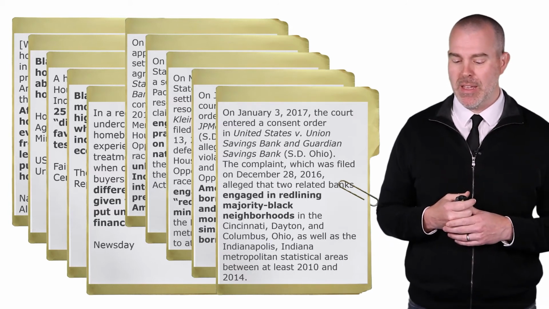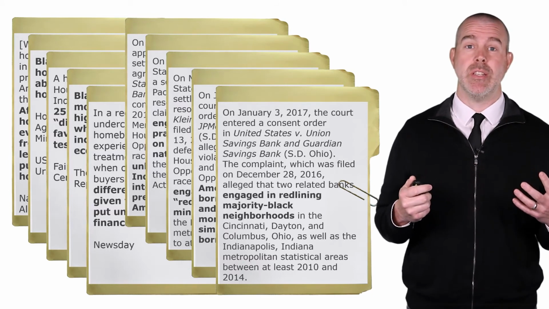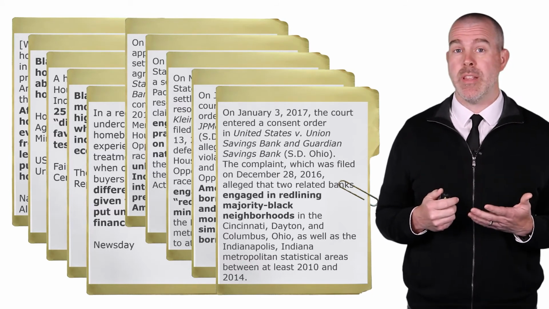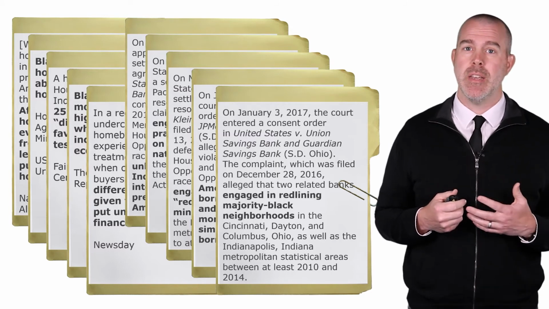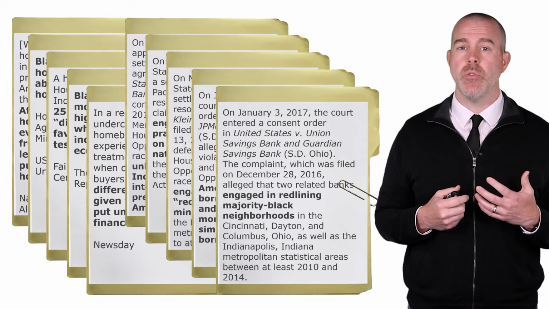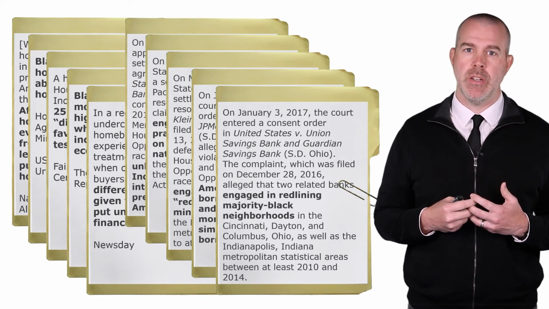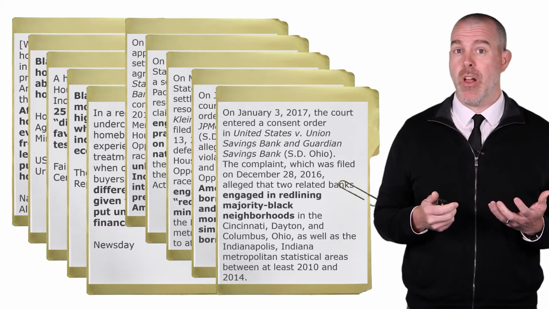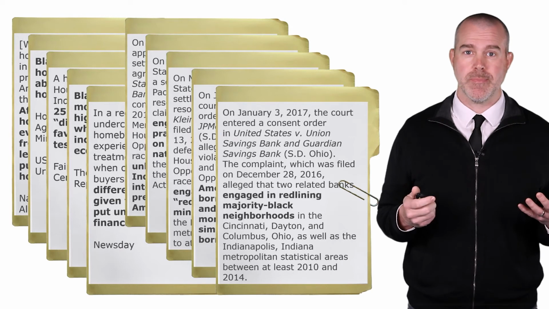Union Savings Bank, again, engaged in redlining. So this continues today, and these are the only ones that have been caught. There's been an investigation. There's been a settlement. Housing continues to be rife with discrimination and is a significant cause for the continued segregation within the United States.